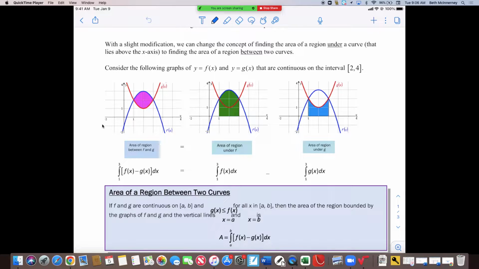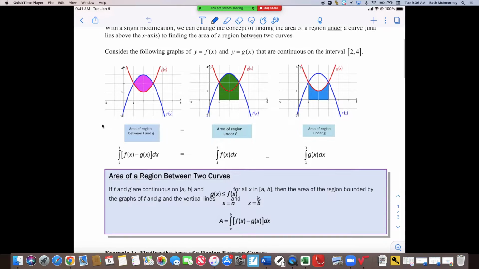So this is actually very, very simple. This will be a refreshing section. So in a nutshell, you're taking the area and you're doing the top minus the bottom. And the limits of integration are the x values from left to right.